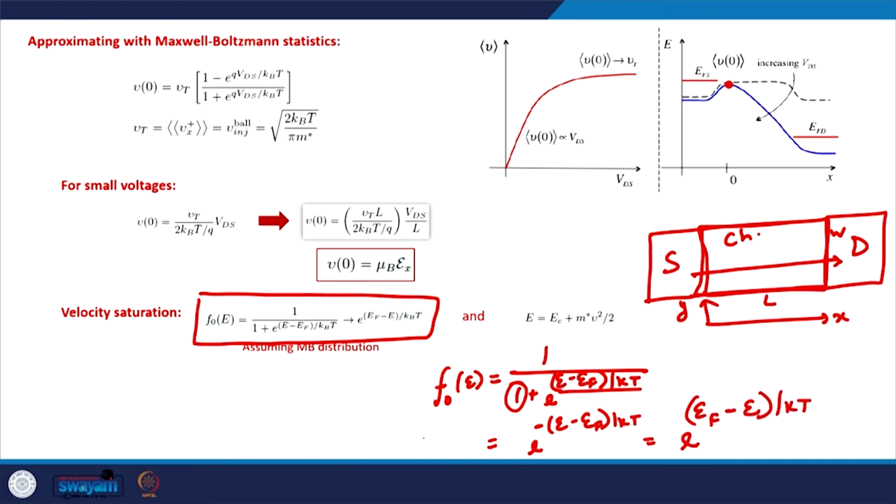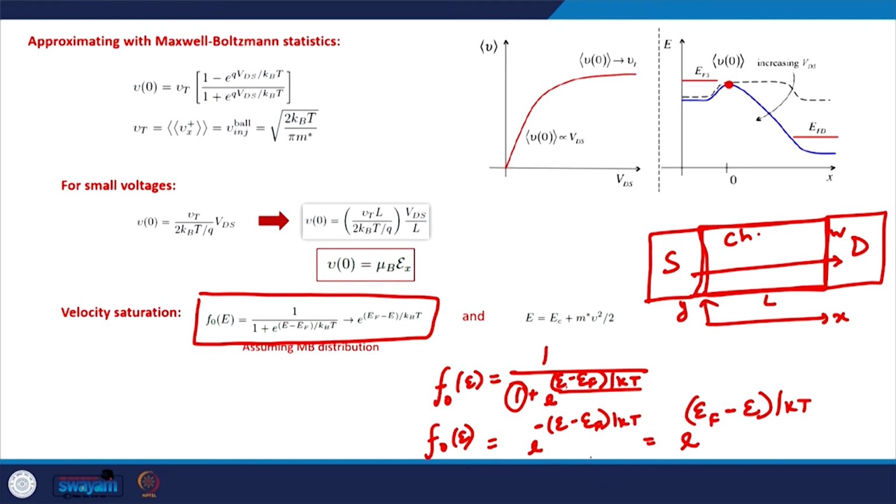Okay, so this is what becomes of the Fermi-Dirac distribution when we are considering non-degenerate semiconductors, because this parameter is many kT in value. So this 1 can be ignored, and it boils down to the Maxwell-Boltzmann distribution of the electrons.